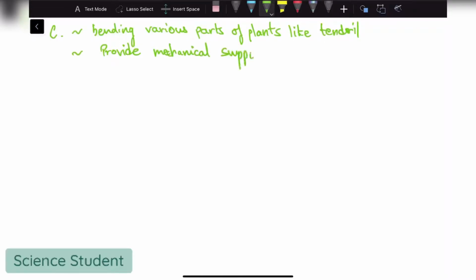Now why are we implying that it provides mechanical support? Because if we just bend the plant, and if this collenchyma were not present there, then the tendrils would fall apart. But this doesn't happen due to the presence of collenchyma.